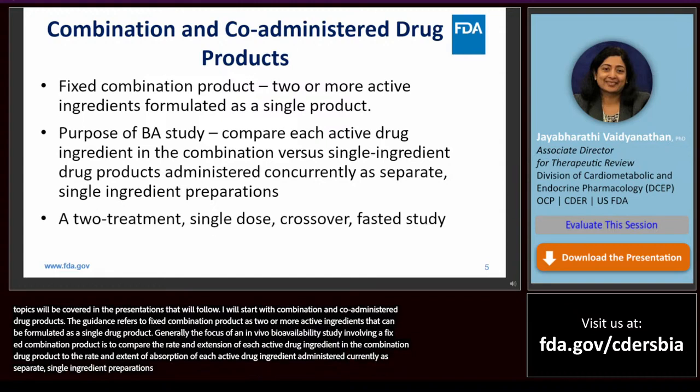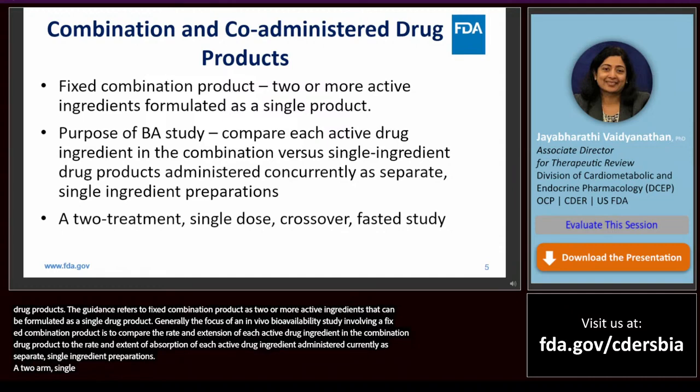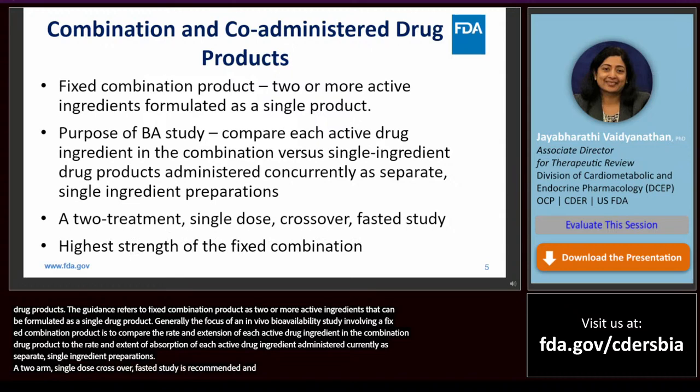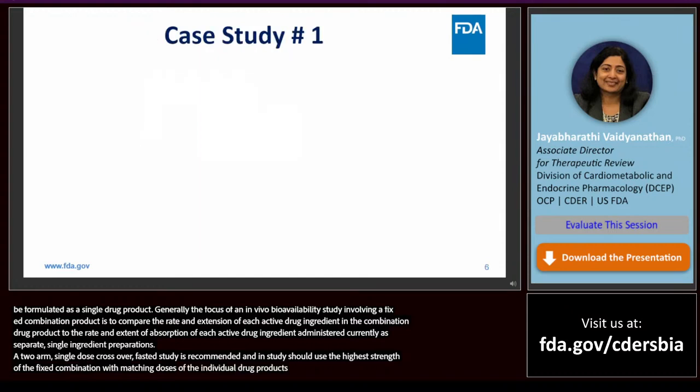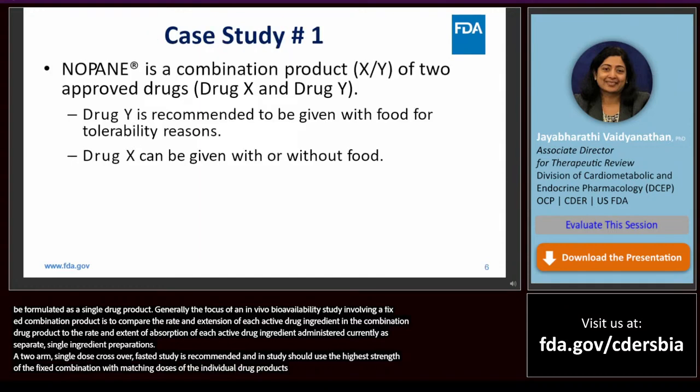A two-arm, single-dose crossover fasted study is recommended, and this study should use the highest strength of the fixed combination with matching doses of the individual drug products. This brings us to case study 1.